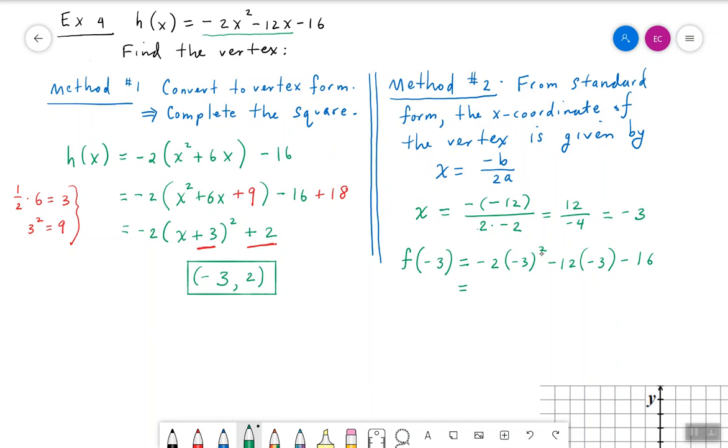Negative 3 squared is 9 times negative 2 is negative 18. Plus 36 minus 16. When we put all that together, what is that? That's 18 minus 16. That's 2. We still have the same answer. We still have negative 3 for x and 2 for y. Fantastic.